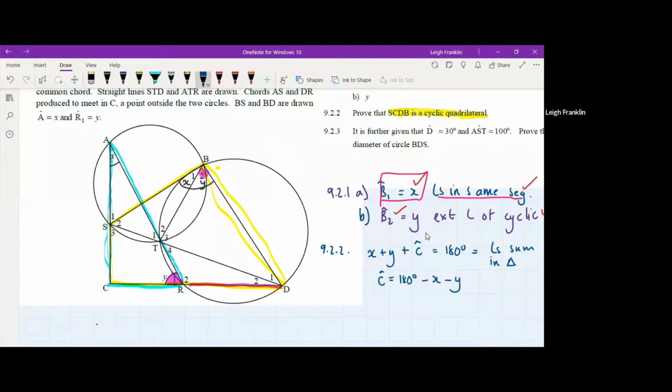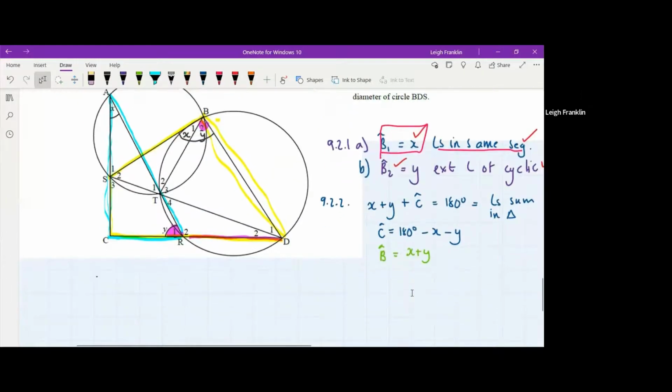Now, if I look at B, B is equal to X plus Y. So what will happen when I add B and C together? B plus C is going to leave me with 180 minus X minus Y plus X plus Y.